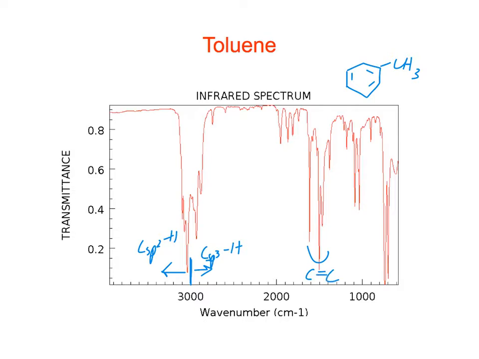And when I learned IR, we spent a lot of time looking at these peaks right in here, which are called the overtones. And the patterns we used to look at a lot to discern different substitution patterns around the benzene ring.